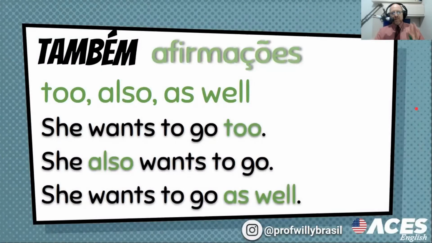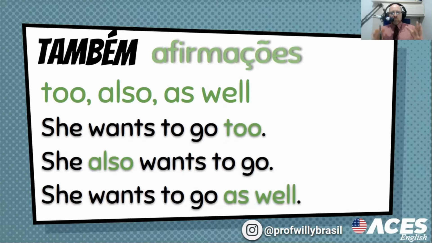Let's talk about também. So we have seen before that we use too, also, and as well. The most common is too. She wants to go too. Ela quer ir também, ou ela também quer ir. We would translate them both as too, because too we put at the end. She also wants to go.